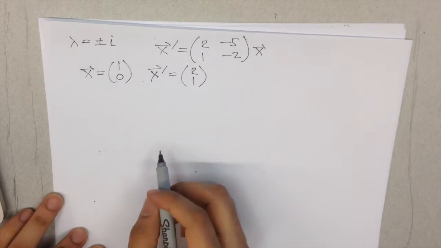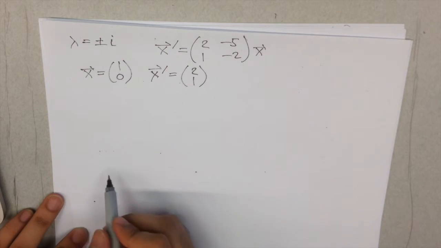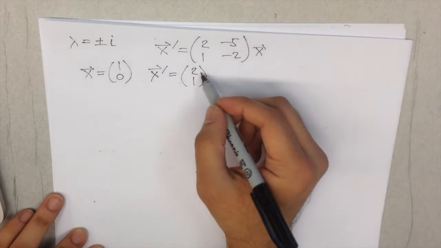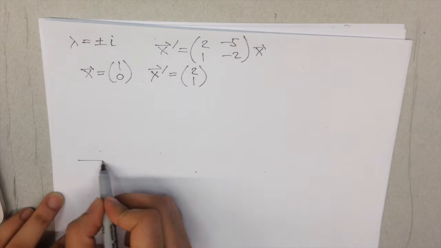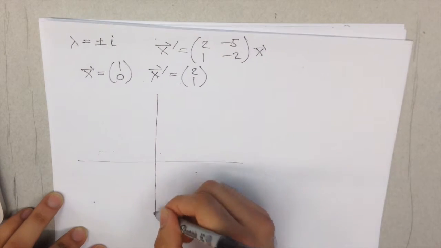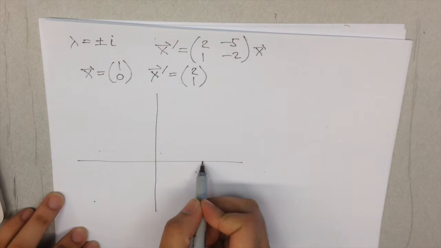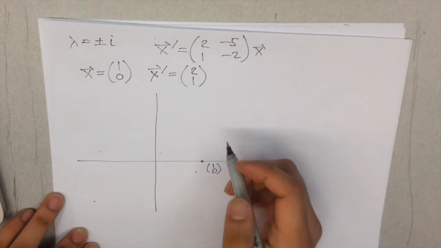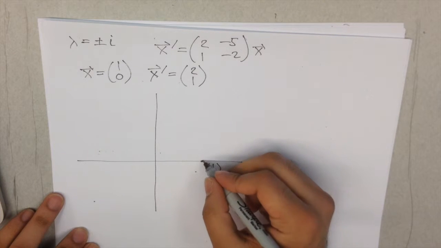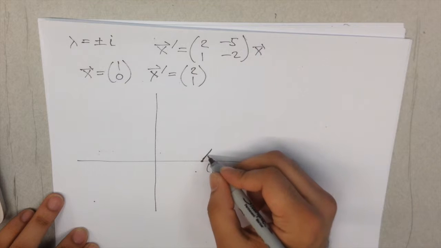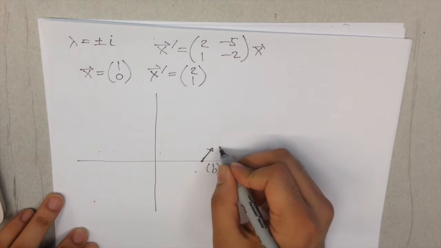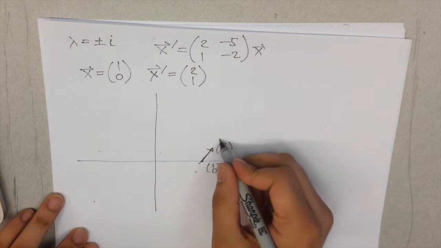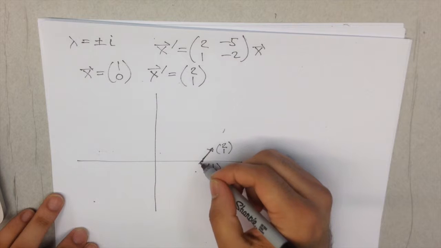I'm not plotting out our solution exactly, but this is just a way of knowing the direction that the solution curve will go in if we're starting from the x-axis. If we started at (1, 0), which we're not, we know that our derivative would be (2, 1). And so we know the general direction is going in this direction.